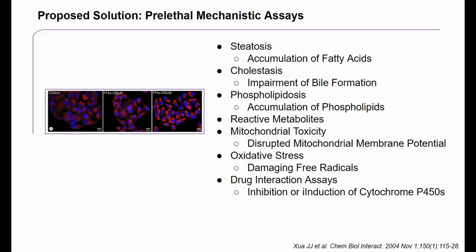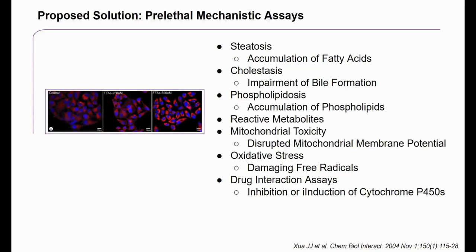For example, it was known from the understanding of hepatotoxicity that steatosis was a problem. This is the accumulation of fatty acids. Also, cholestasis, the impairment of bile formation, the accumulation of phospholipids. It was known that reactive metabolites could cause problems, and these could be measured.